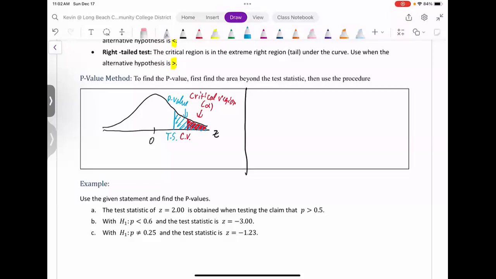Now I'm going to do it again, except I'm going to swap it out. So our critical region is going to stay the same.